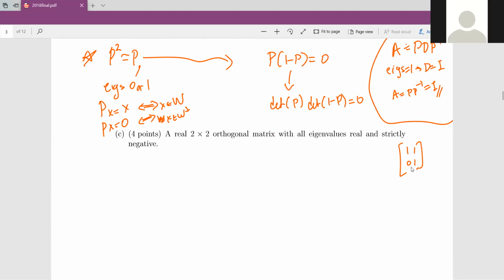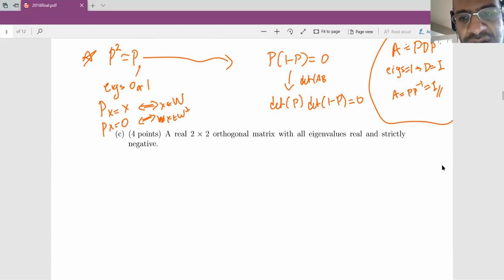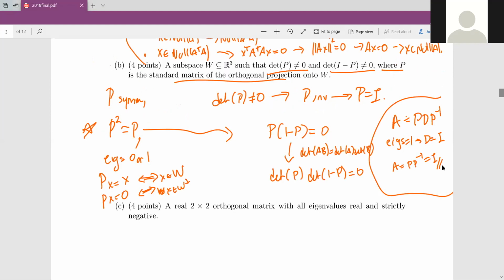Can I ask a quick question about what you wrote here, P times (I minus P) equals 0? How was the determinant applied to the other side? Oh yeah, here I'm using the fact that the determinant of AB is the determinant of A times the determinant of B. I just mean, on the other side, what is the determinant of 0? Oh yeah, sorry.